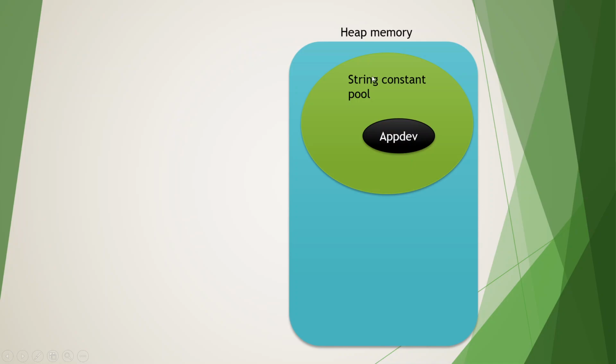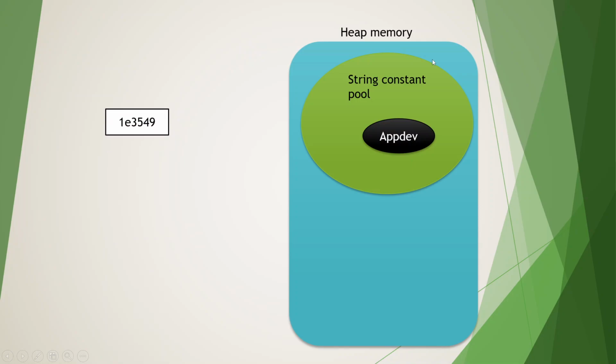The string constant pool is a separate memory area inside the heap memory itself. Whenever you create a string with the assignment operator, the JVM looks for any other object having the appdev string, or the given string. If it is not available, then it creates an object in the string constant pool in the heap memory.